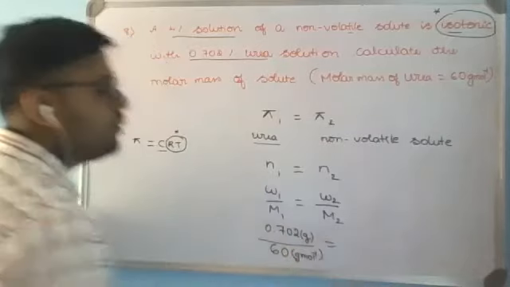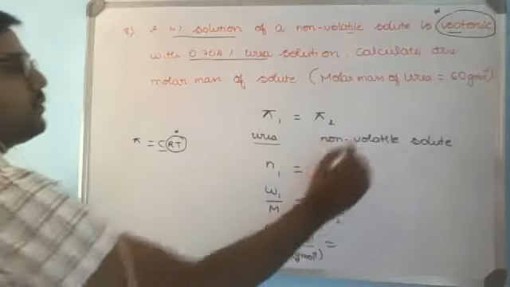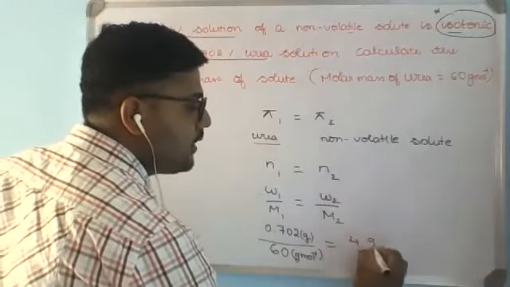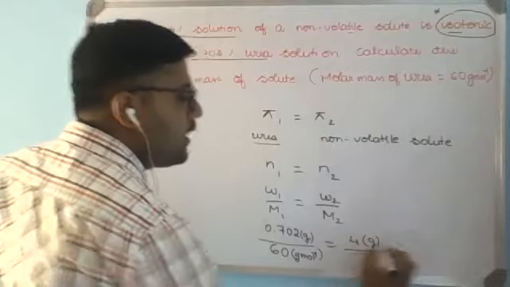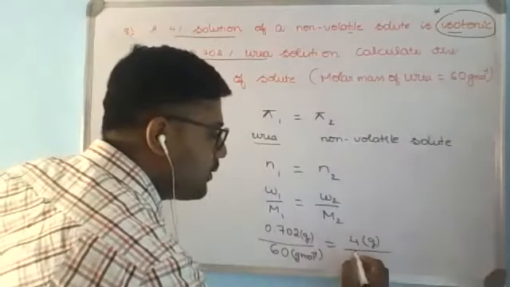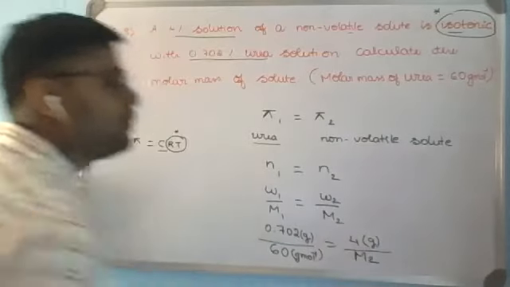This is equal to the mass of the non-volatile solute. It is a 4% solution, that is 4 grams in 100 grams of the solution. Hence the mass of the solute is 4 grams. Its molar mass we don't know, that is M2.